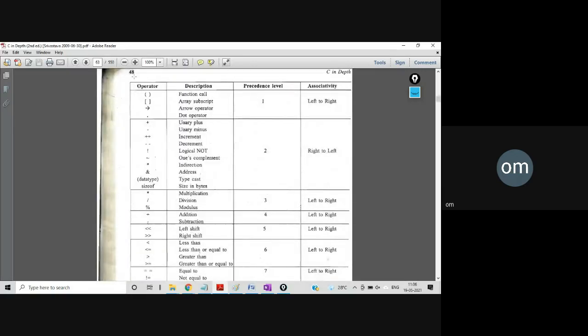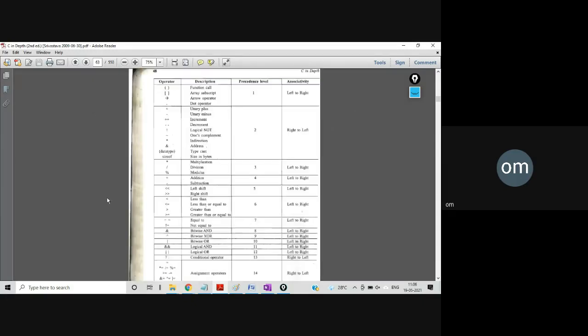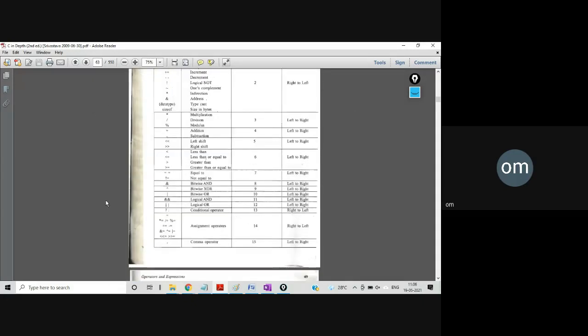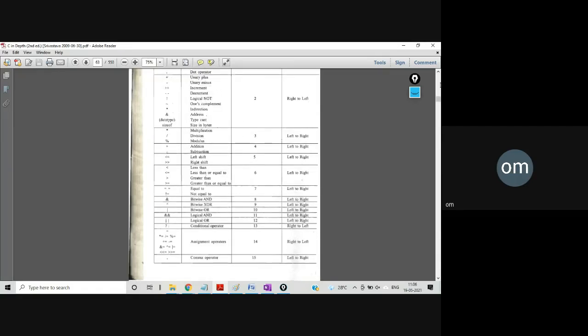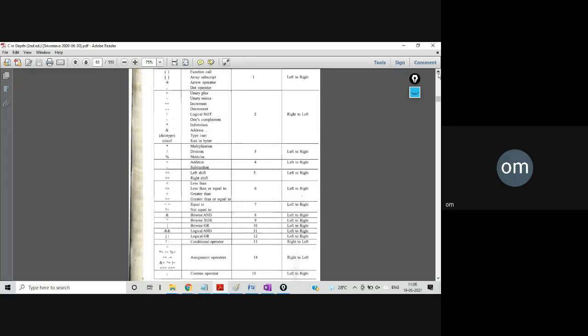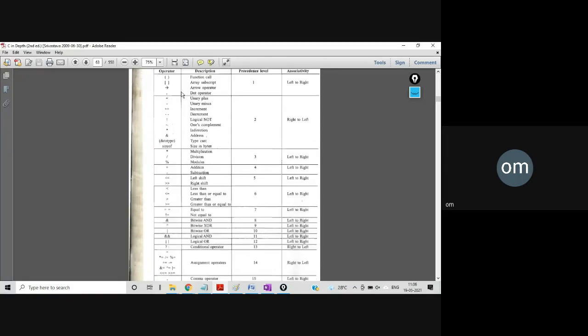This is the entire table of the operators, and at the top there is the type of operator, then a description about that, then the precedence level and associativity.